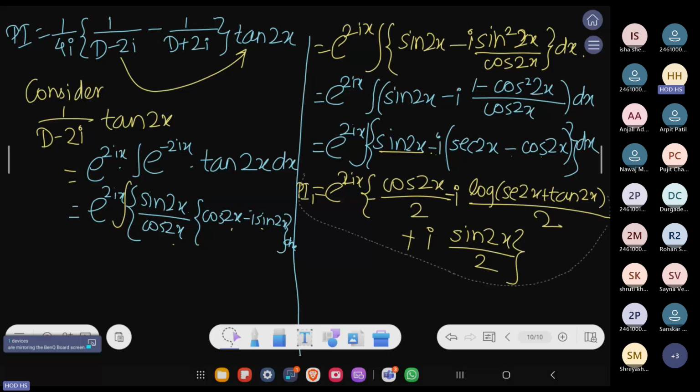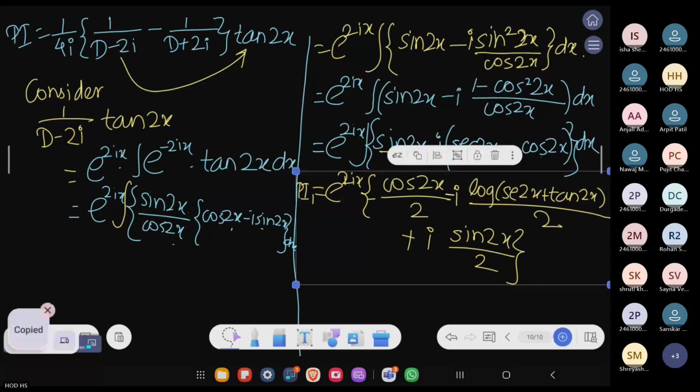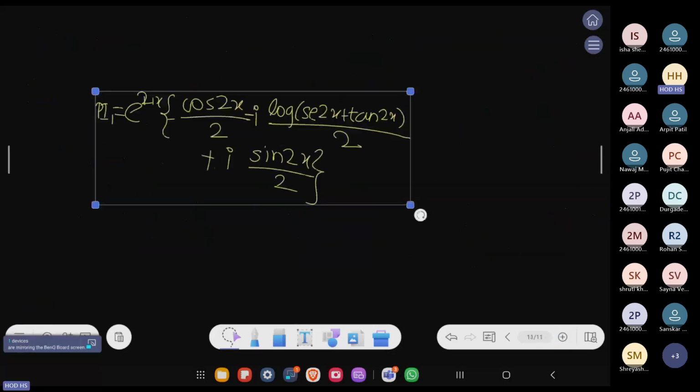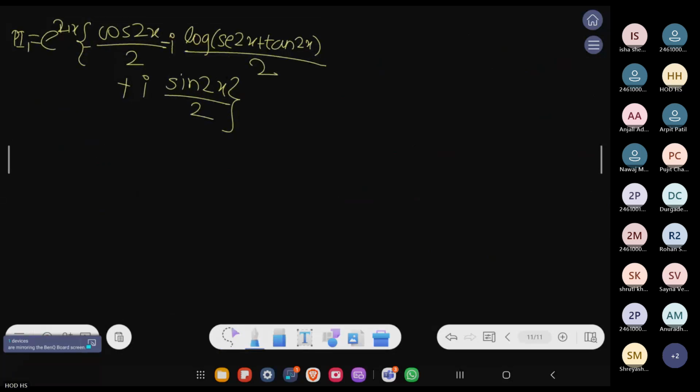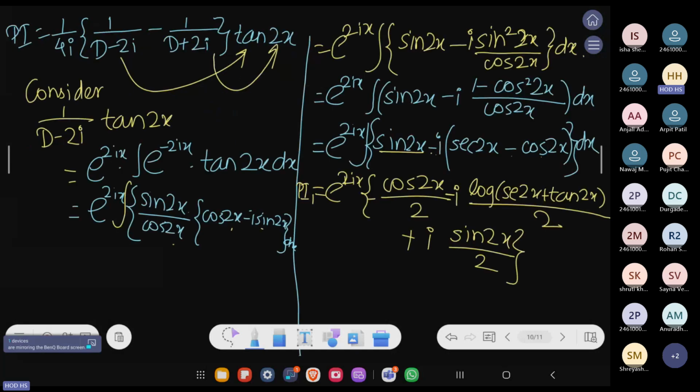And what is the other part? What is the other part? PI2. What is my PI2? Notice that for PI1 and PI2, the only change is that iota is replaced by minus iota, and minus iota is replaced by plus iota.